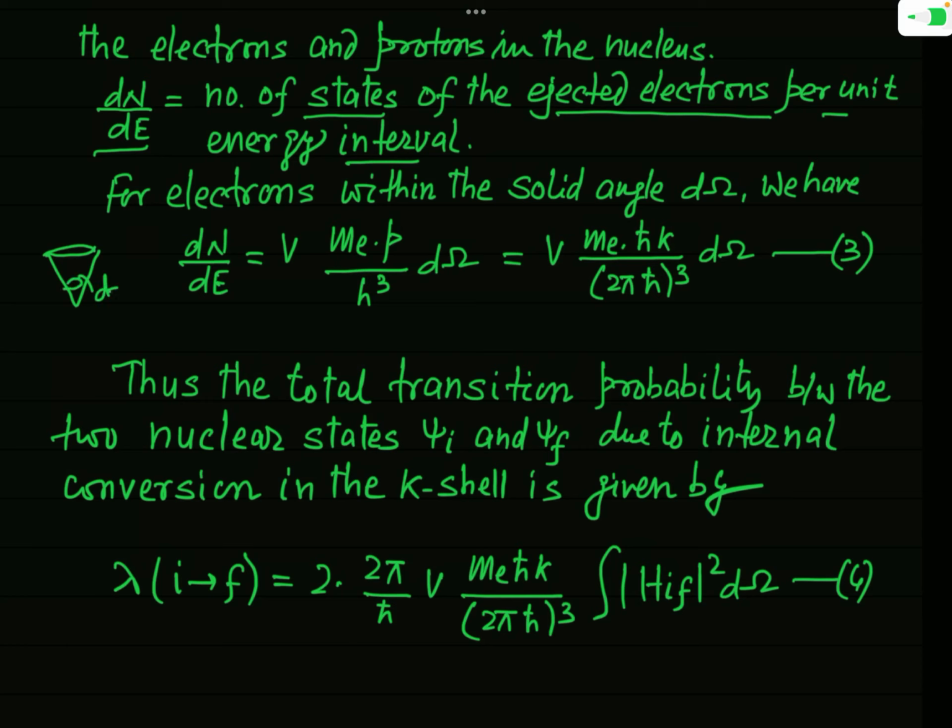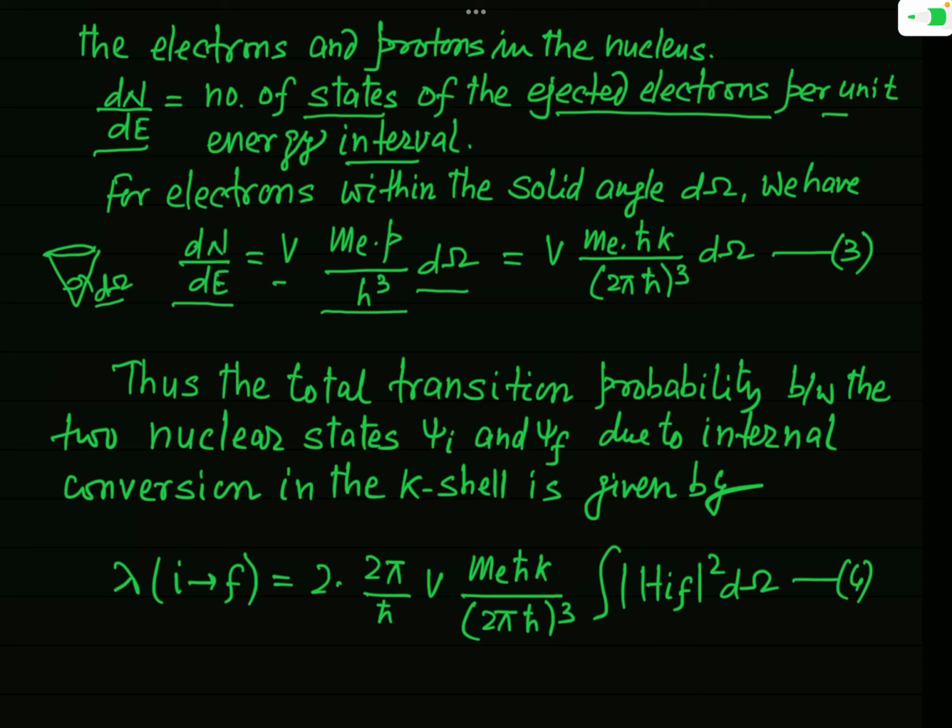If you want to find the number of states of the ejected electron per unit energy interval through this solid angle d omega, then it is given as dn by dE equal to V times m_e times p divided by h cubed into d omega. Remember, here p is the momentum of the ejected electron, and momentum p is equal to h bar k.